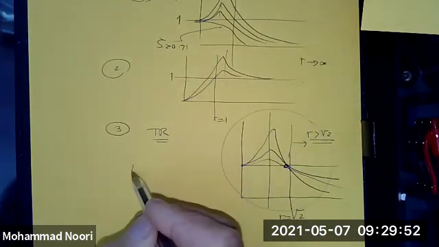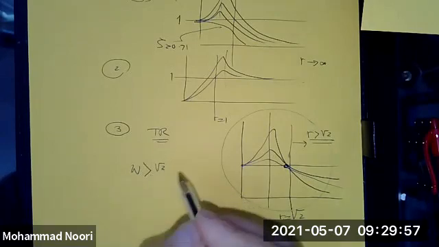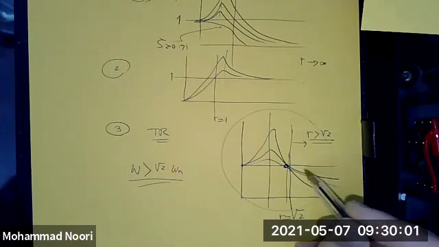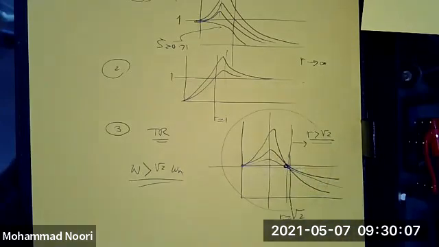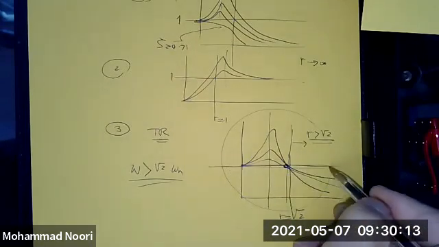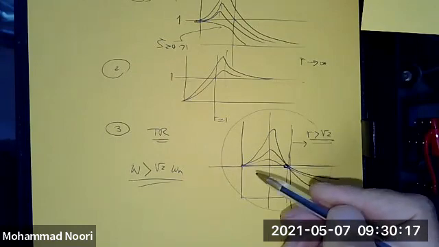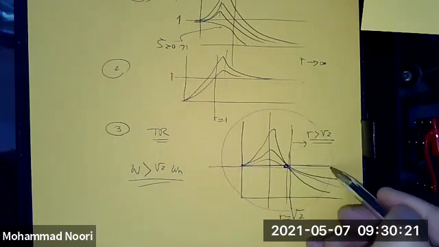So if the frequency of the excitation is greater than square root 2 times the natural frequency, that is the best range, because the maximum force that the system experiences is always less than the corresponding maximum input force, or same thing for the displacement.